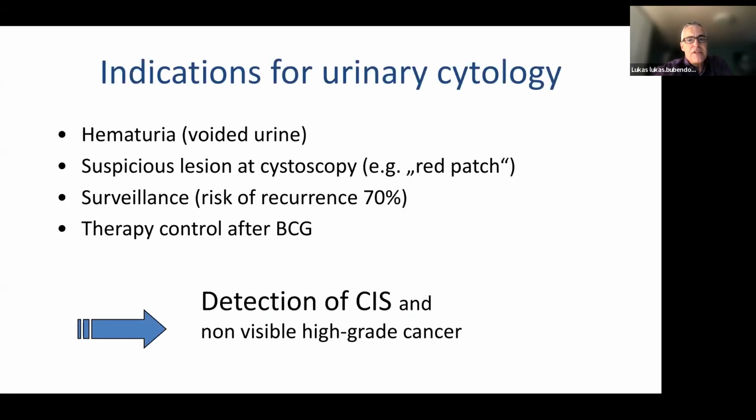The indications for urinary cytology as we do it is usually hematuria in voided urine. So if a person has hematuria, cytology of voided urine is the first thing that is usually being done. Then any suspicious lesion at cystoscopy, that's usually red patches that are either inflammatory or carcinoma in situ, should be evaluated by cytology.